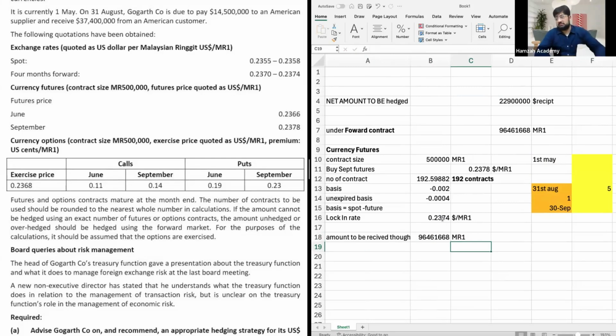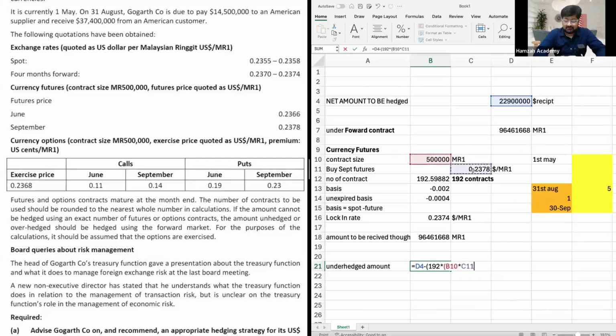But there is a point. We have done under-hedging. Under-hedged amount, focus. This is the total amount minus 192 contracts, each at this, and being converted as per futures at this.